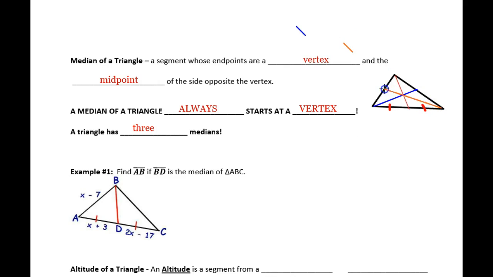So notice I'm starting at my vertex and going to the midpoint of the opposite side. Now once I have my 3 medians together, they intersect, and their point of concurrency right here is called the centroid.